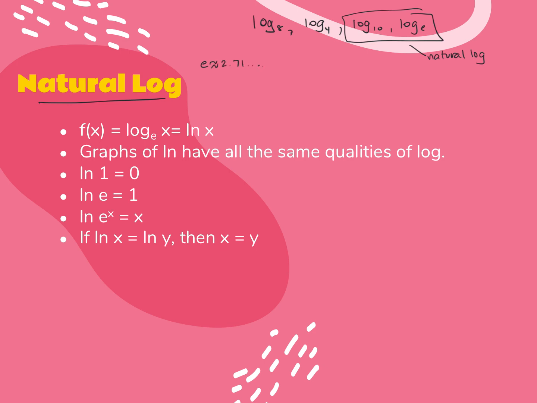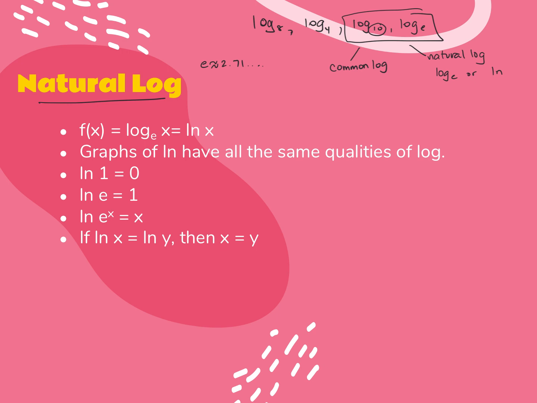And so when e is your base, we call it natural log, and we can either write it as log base e, or we call it ln, natural log. So again, either one means the same thing. It's just a different way of writing it. And log base 10, this is called a common log. And what that means is that whenever you look at your calculator and you see the word log, know that the base is 10.